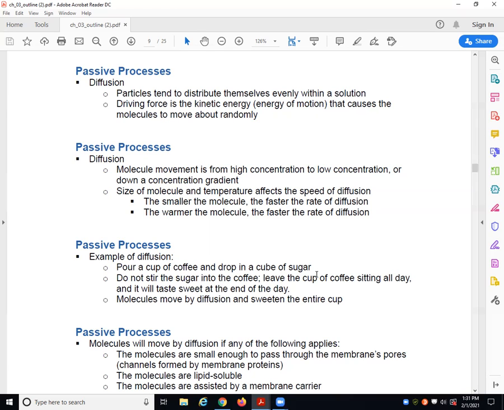It's causing molecules to move around randomly. So diffusion is molecules moving from areas of high concentration to areas of low concentration. It's also moving down the concentration gradient.